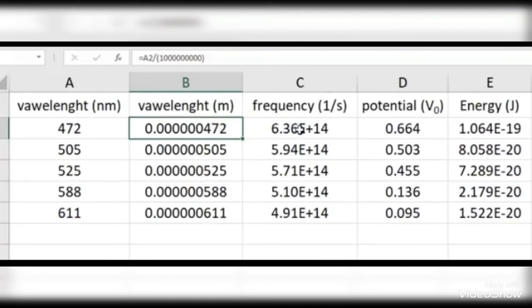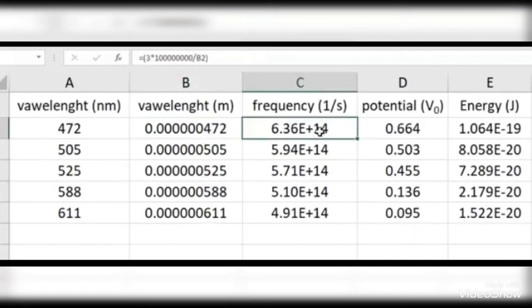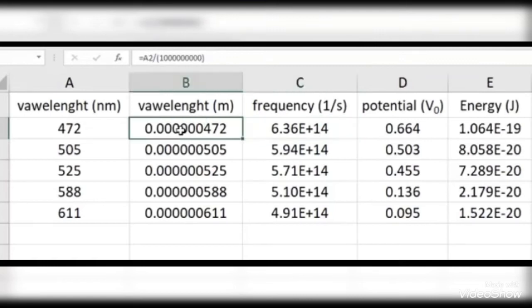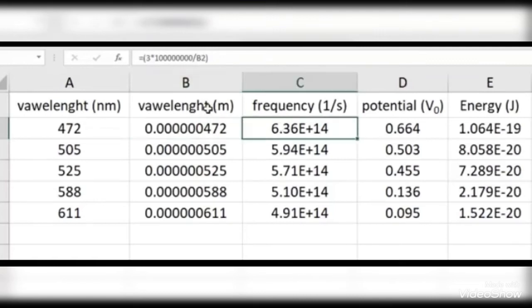Then in the second step, to get frequency values from wavelength values, we divide the speed of light, which is 3 times 10 to the 8 meters per second, by the wavelength values in meters. At the end, we got the frequency values in units of 1/second or hertz. Okay, so we calculated the frequency values.